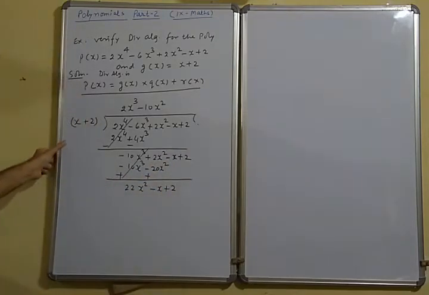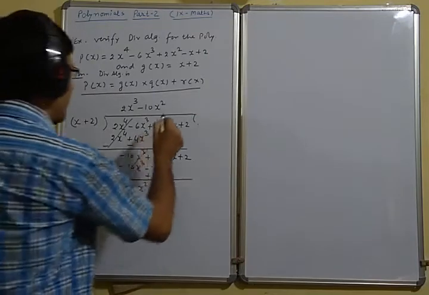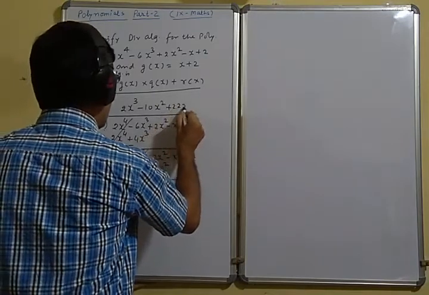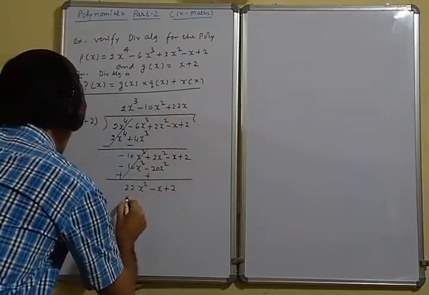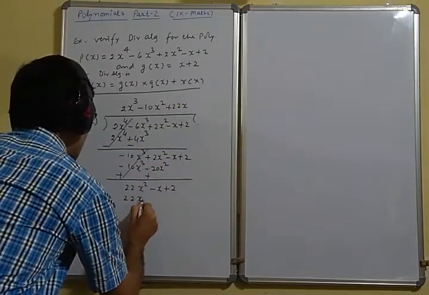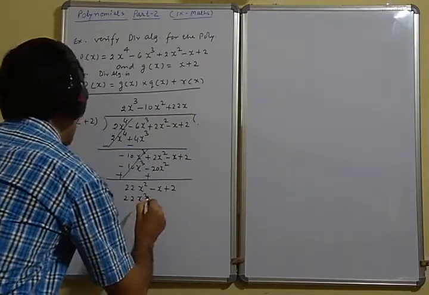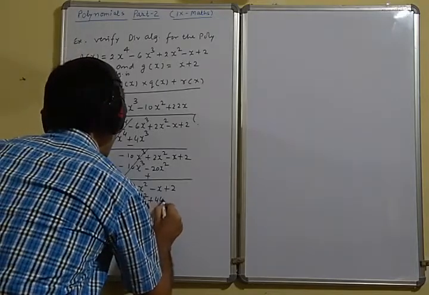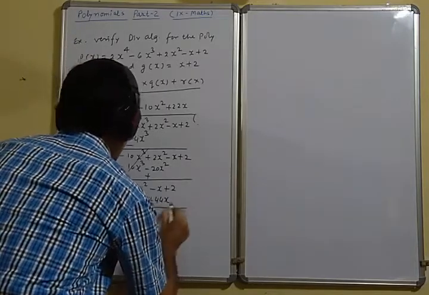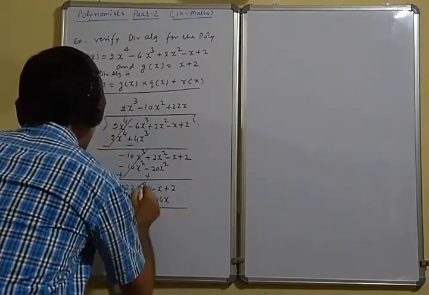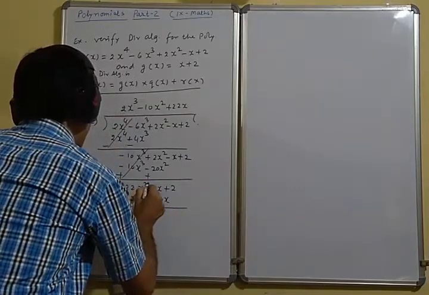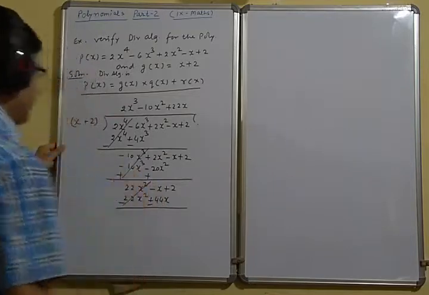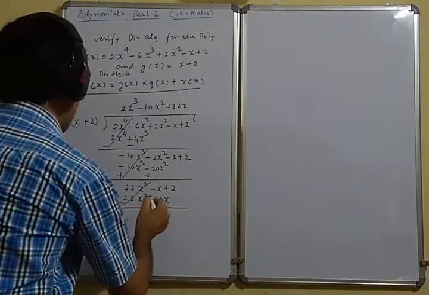Again 22x square by x, that is 22x. So plus 22x square plus 44x. Minus is plus, so it cancels out.